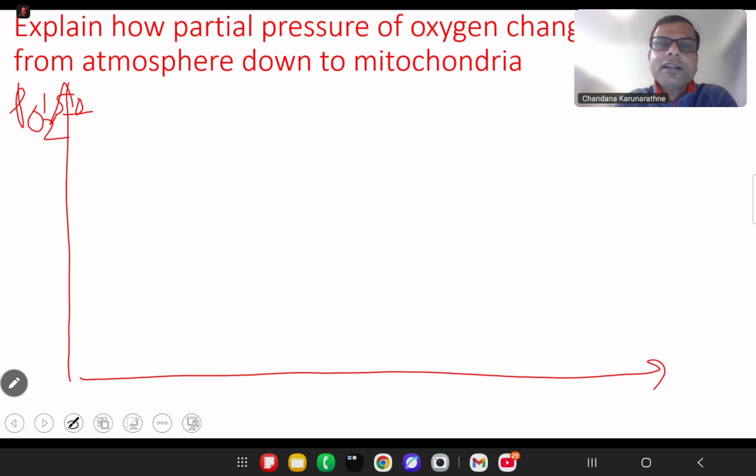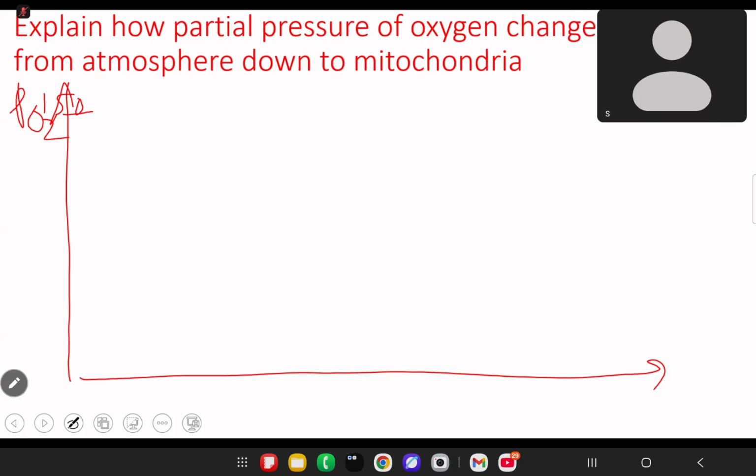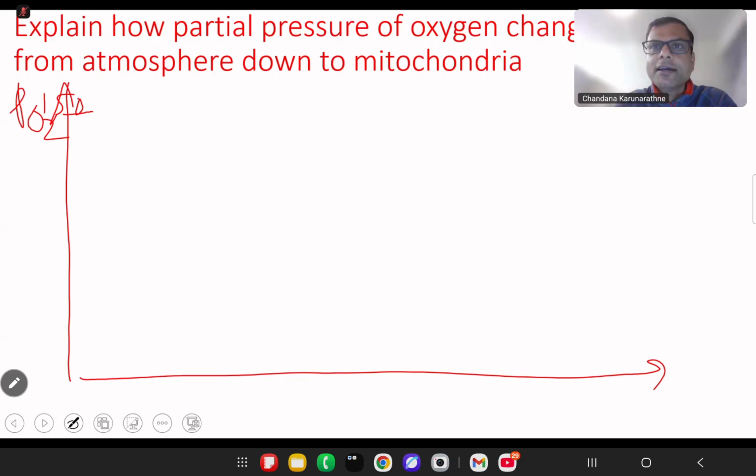Why do we reduce this 47? Why can't we include that? Why do we reduce 47 from 760? Dry gases. What is the problem with dry gas, wet gas? Good. Tell me, what is the problem with dry gas, wet gas?